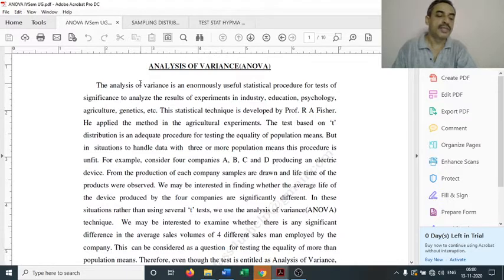For example, when we are studying the yield of latex from some 5 or 6 rubber plots, we assume that all the factors influencing the yield of latex other than the fertilizers are kept the same. Our aim is to test whether all the fertilizers are equally effective in the yield of latex.